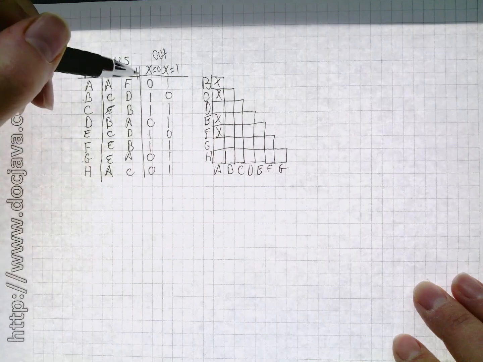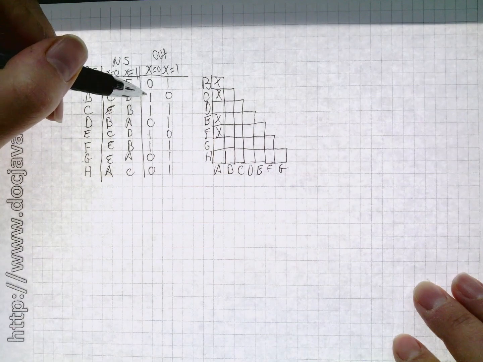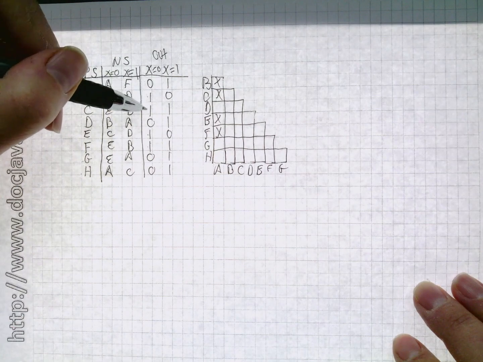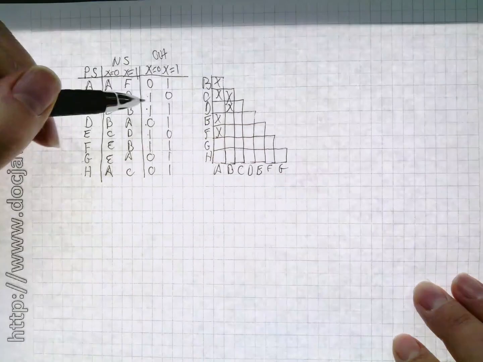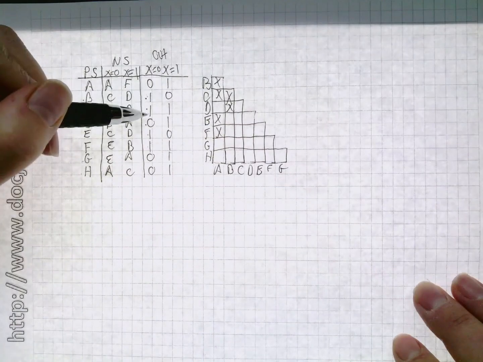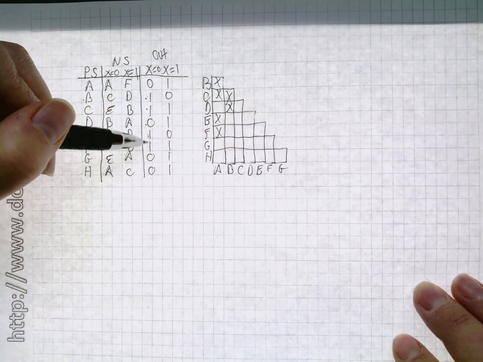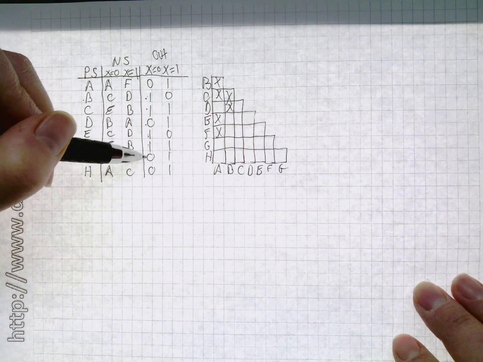We don't know. Let's see, we did A. How about B? B is not going to be equal to C, D. B might be equal to E. We don't know. It won't be equal to F, G, or H.